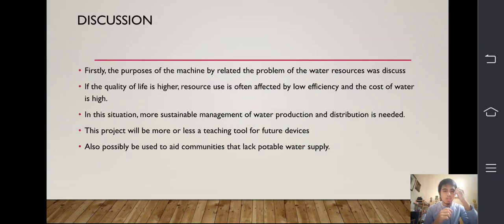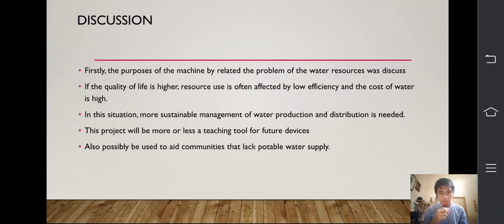For the discussion, firstly, the purpose of the machine in relation to the problem of water resources was discussed. If the quality of life is higher, resource use is often affected by low efficiency and the cost of water is high.